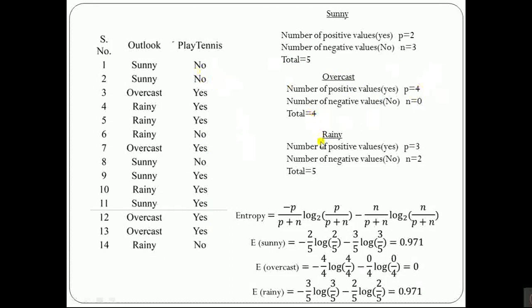Similarly for the rainy case, the number of positive values given for rainy is 1, 2, 3, and the number of negative values is 2, so the total is 5. Apply all these values to calculate entropy. In the sunny case, applying the positive and negative values, I get 0.971. For overcast, I get the value 0.